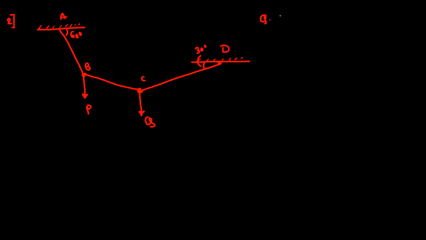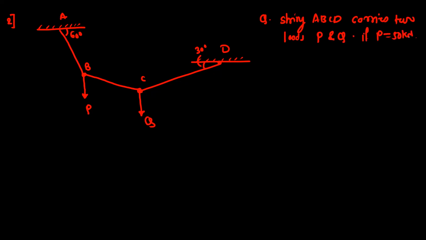So the question is: the string ABCD carries two loads P and Q. If force P is 50 kilonewton, find the force Q and the tension in the different portions of the string.